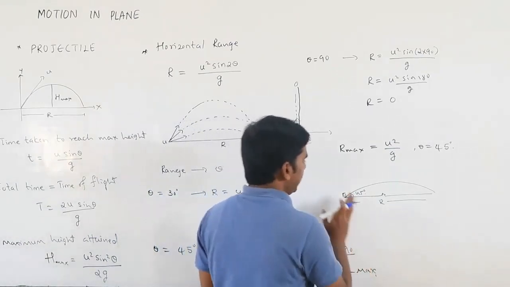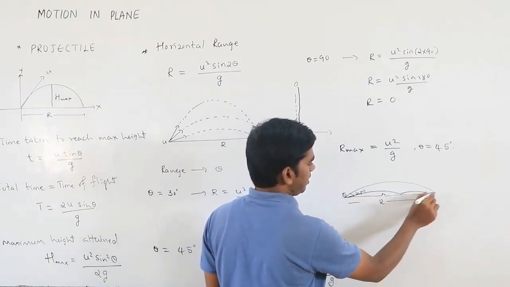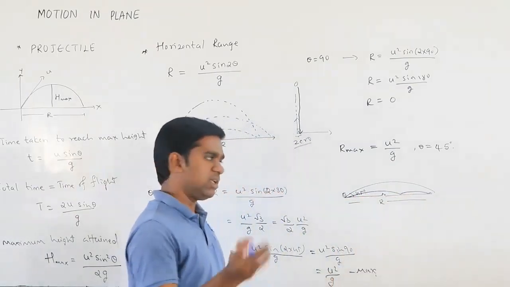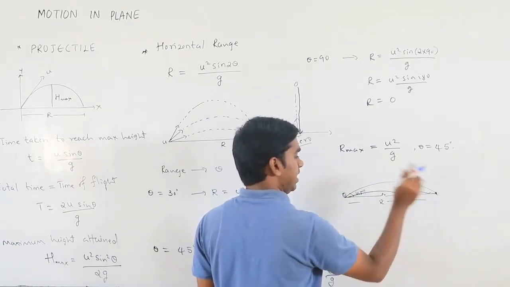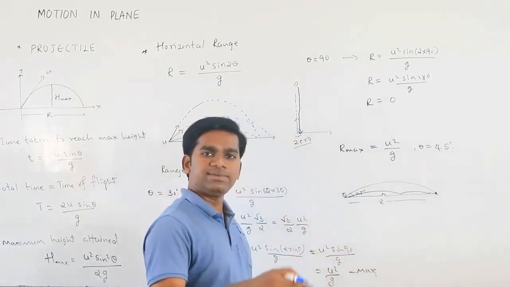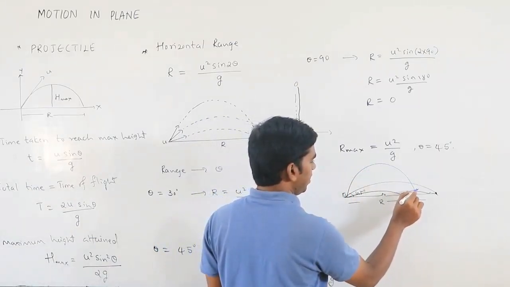If it is less than 45 degree, obviously you will get 4. If it is more than 45 degree, it may not reach this; this is not the maximum range. No other angles will reach that. Your ball may come here and a person may catch it, and you may get out.